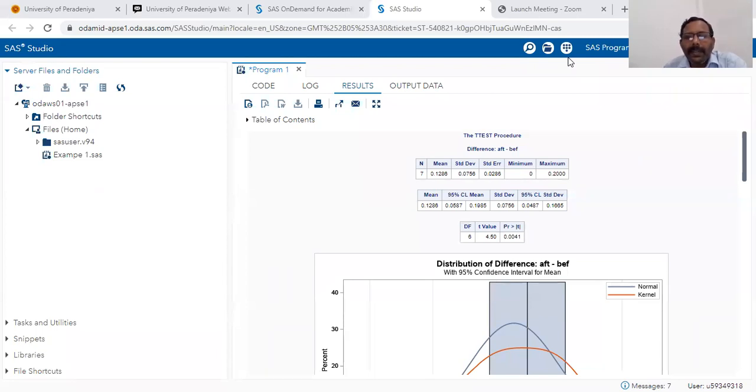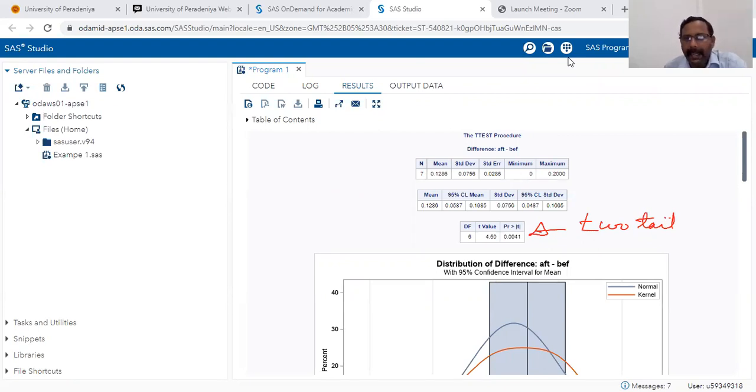Right. Any questions? So this table always, by default, comes as the probability value for 2 tail. By default, the computer gives it for 2 tail.